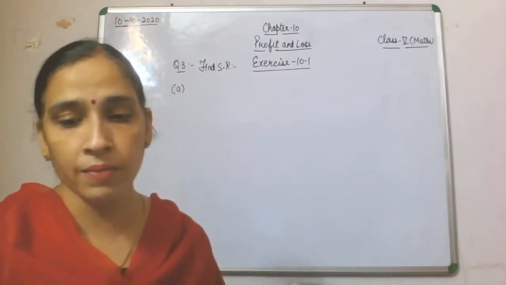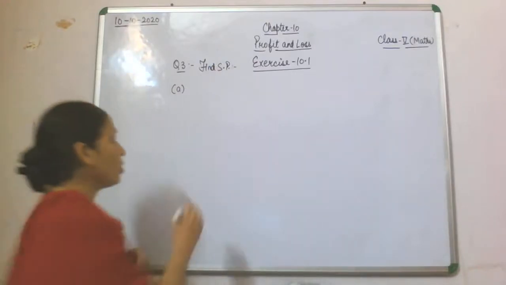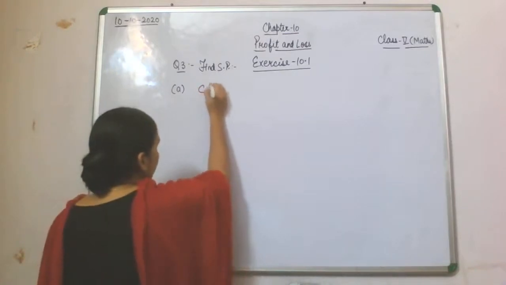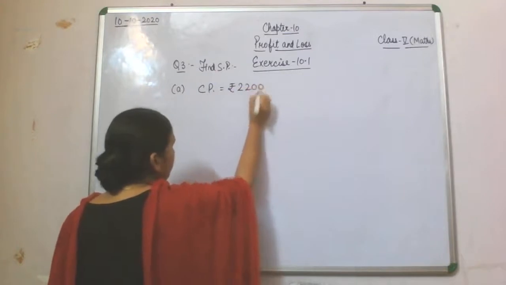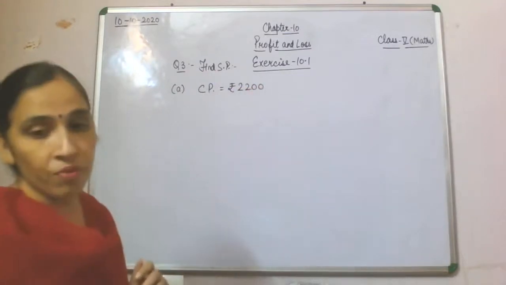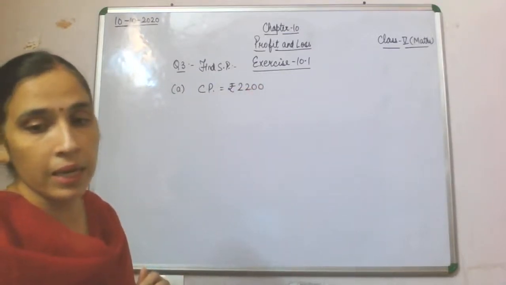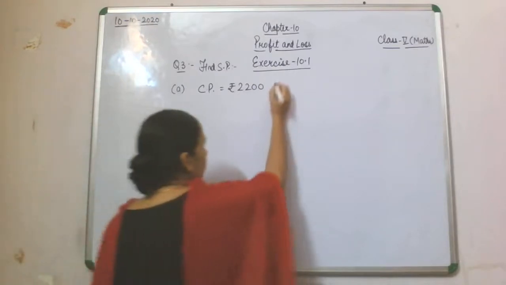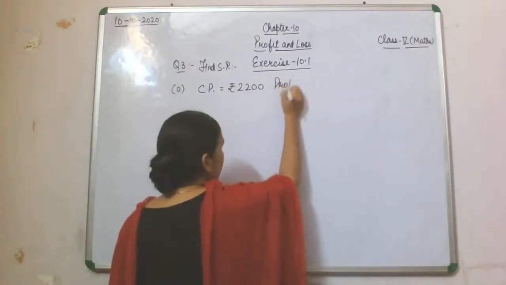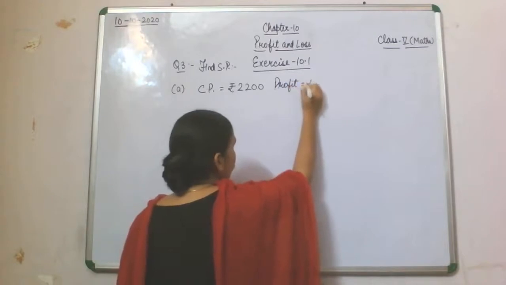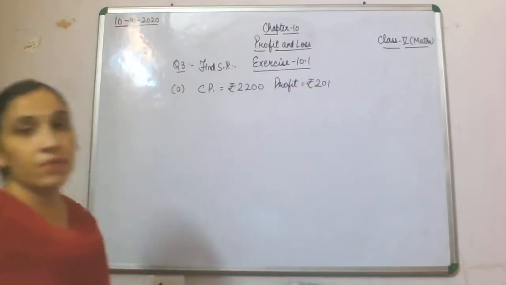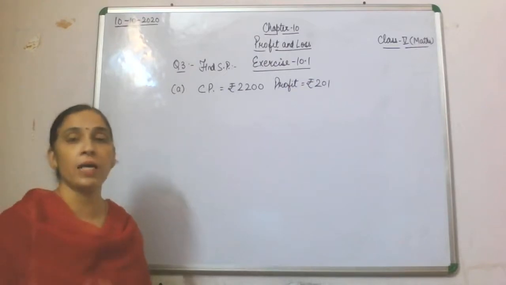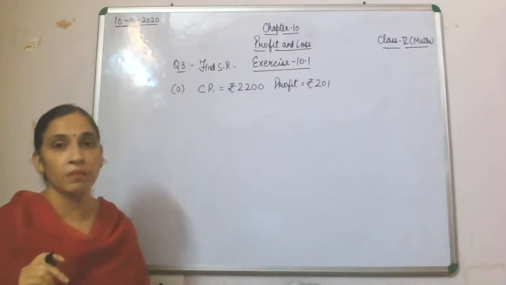Cost price is rupees 2,200, and profit is given in A part, rupees 201. Cost price is given as well as the profit is given to you.